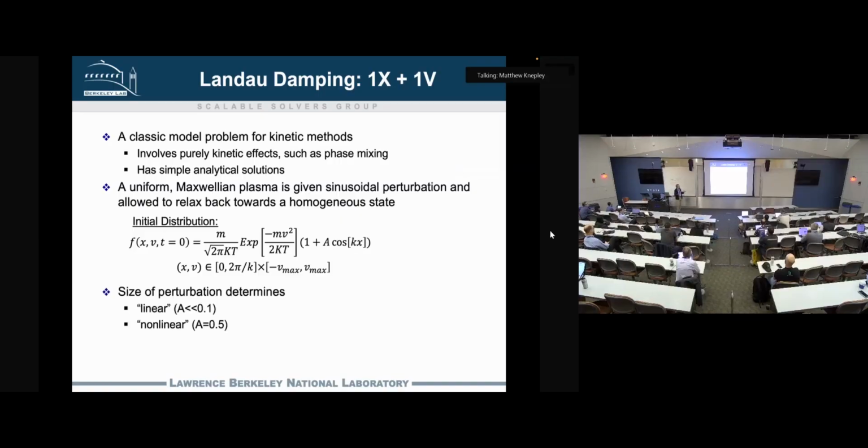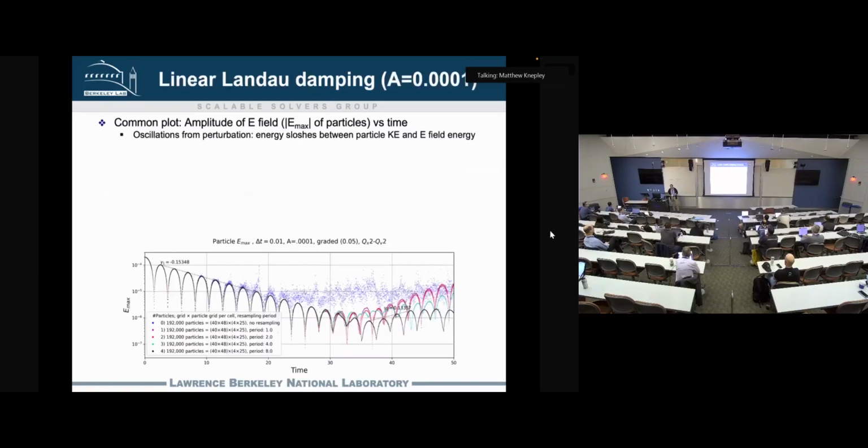There are two forms of the equation that people use for experiments: the so-called linear case with a small perturbation, and a nonlinear case with a large perturbation that people almost universally use as 0.5. 0.01 is common for the small perturbation, and we'll use 0.01 and 10 to the negative 4 to have a very linear problem as well.